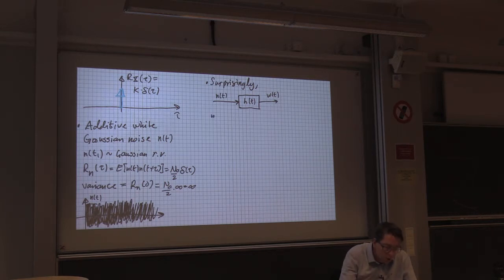So w(t) is n(t) convolved with h(t), which is an integral from minus infinity to infinity of n(u) h(t minus u) du.